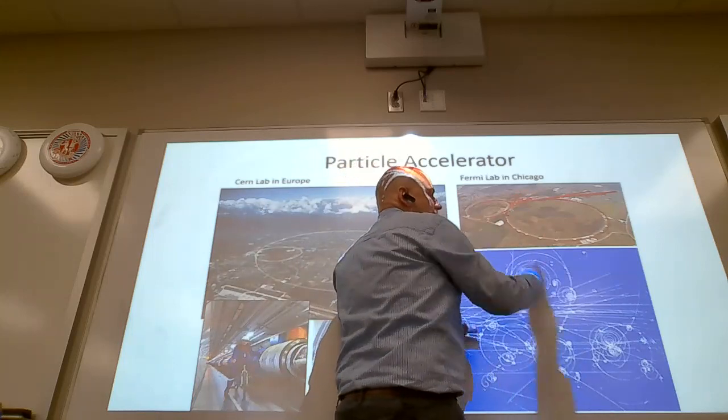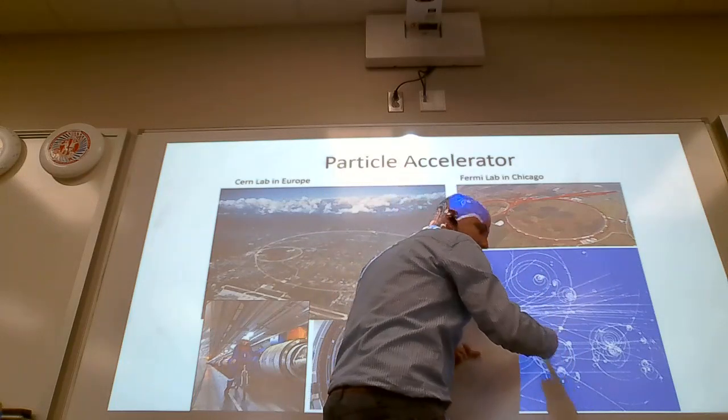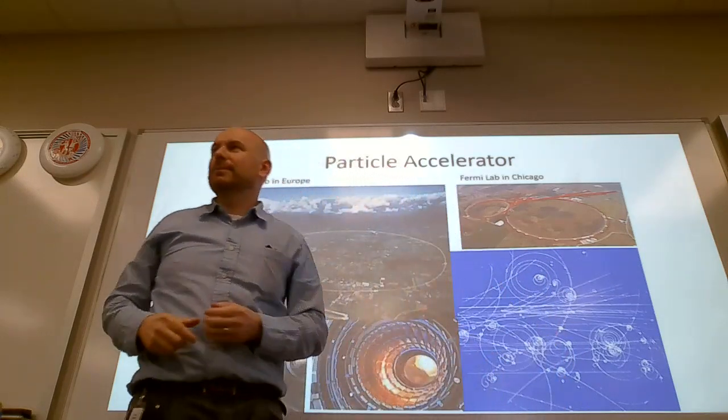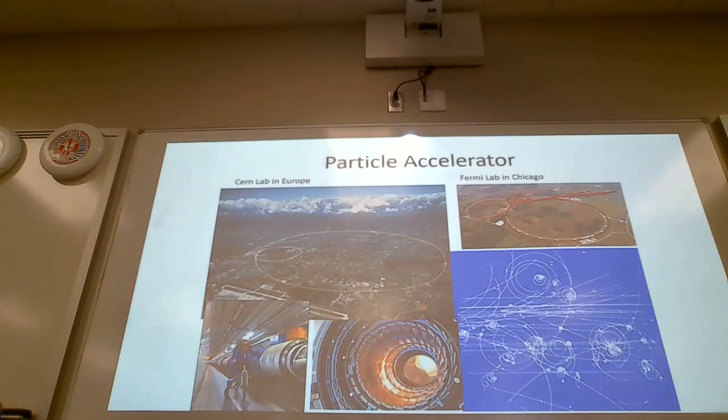This was a positively charged particle. This was a negatively charged particle. And they're looking for undiscovered subatomic particles. Kind of what the point is. Wait, what is stuff made out of?